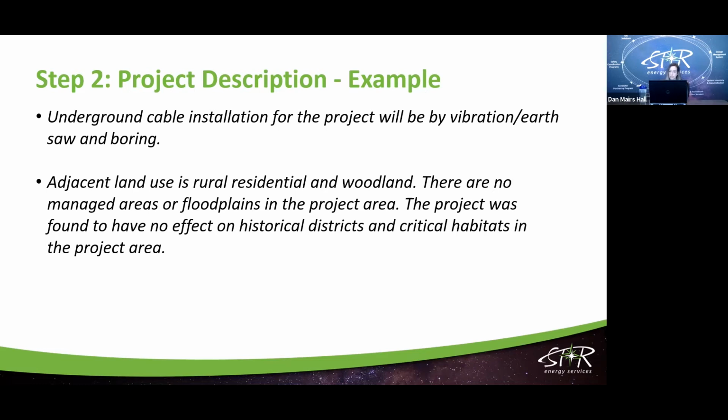Additional information that would also be adjusted to fit your project's setting would be the surrounding land type. So adjacent land use is rural, residential, and woodland for this one. It might be that it's urban or farmland.